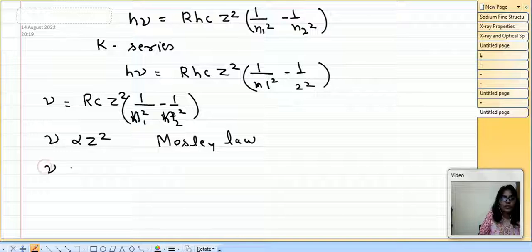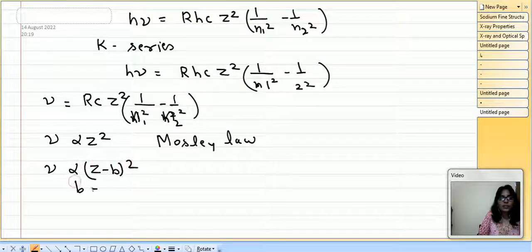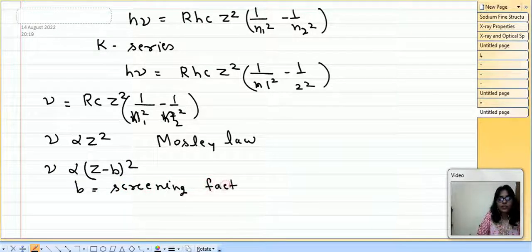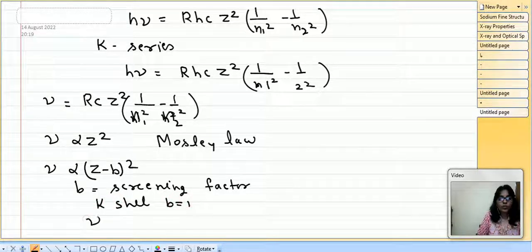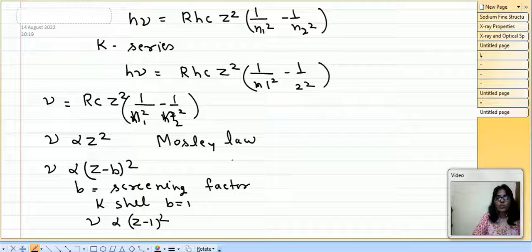So nu is generally written as proportional to Z minus B whole square, and B is the screening factor. And for different shells, this has different value. For K shell, B is equal to 1. So nu is proportional to Z minus 1 whole square. So this is Moseley law, that nu is proportional to Z minus B whole square.